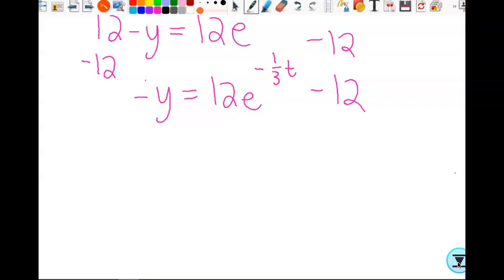So we have negative y equals... now I'm just going to divide by a negative, or multiply every term by a negative. So y equals negative 12 e to the negative 1/3 t plus 12. Okay, good?